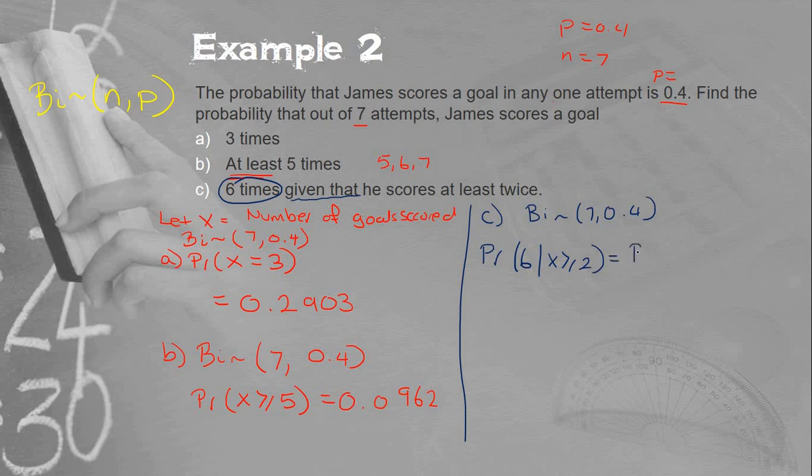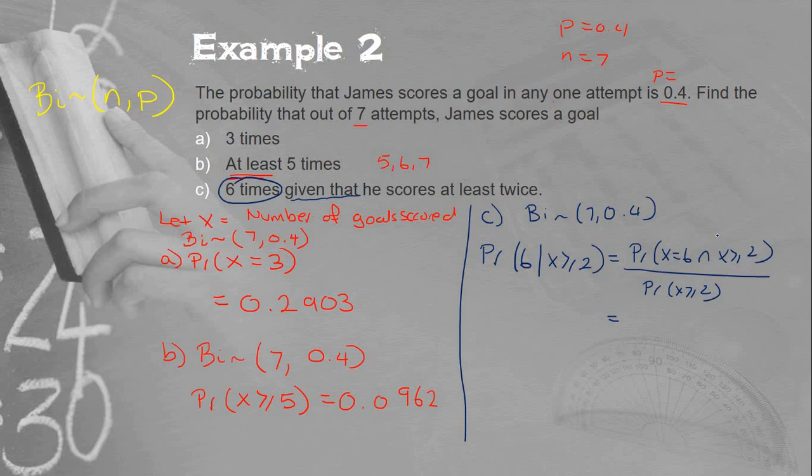What we get using our conditional probability formula, remember it is in actual fact on your formula sheet. So this is what we're going to do. Now we have to clarify here, if we think of where these occur, x equals 6, x greater than or equal to 2.